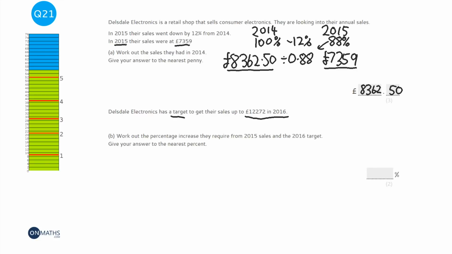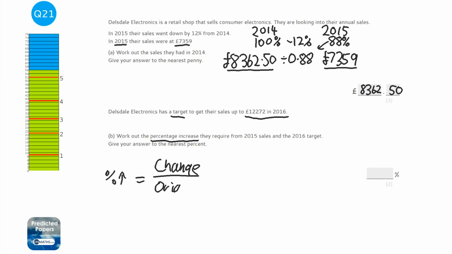Okay, the next question says that they have a target to get their sales up in 2016. What's the percentage increase? Now, percentage increase or percentage decrease, it's the same formula, it's change over original times 100. So the change, well, that's going to be 12272, take away the 2015 sales, 7359.